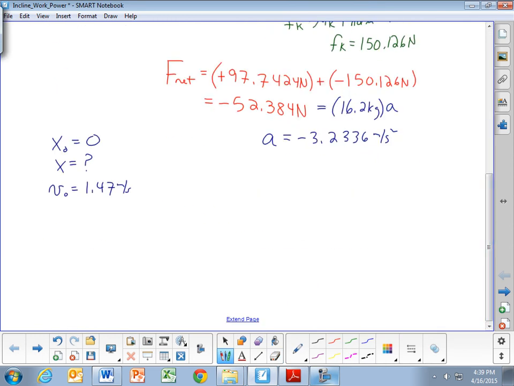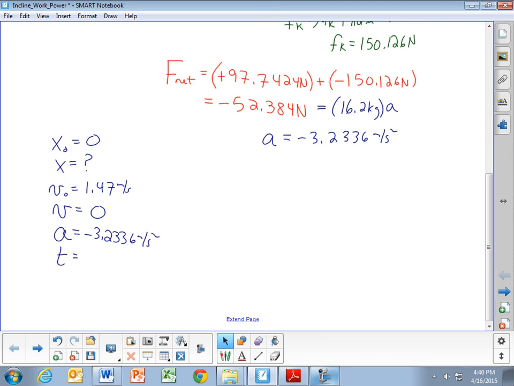The final velocity is 0. The acceleration is negative 3.2336 meters per second squared. And we don't know the time. We are going to find that time later on, but right now we can look at an equation that doesn't involve time. So we have the equation that relates the velocity to the position.